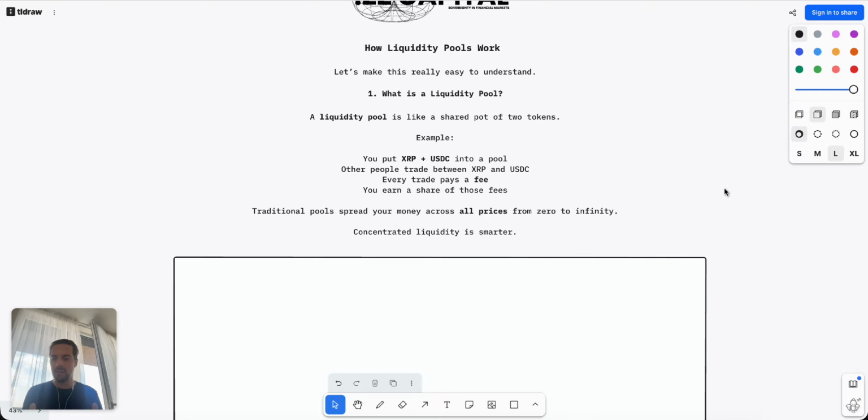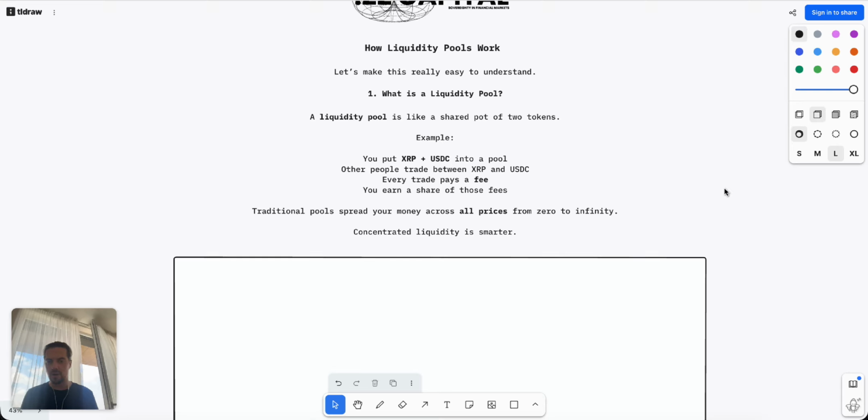What is a liquidity pool in DeFi? A liquidity pool is like a shared pot of two tokens. For example, you put XRP and USDC into a pool. Imagine a box, and you put in 50% XRP and 50% USDC.